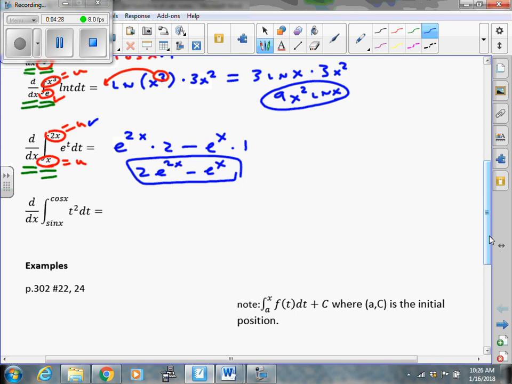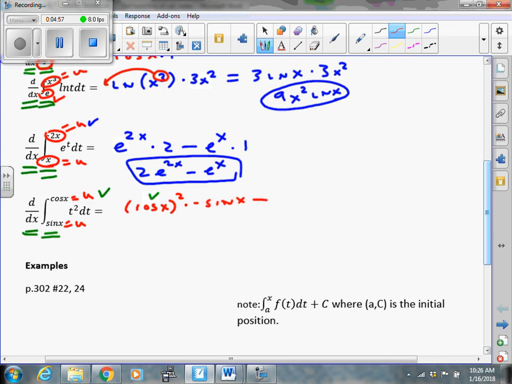One more example. Again, notice I have the derivative of an integral. The function should remain t squared, but both of these are u values. So plug in the top. I plugged in the u at the top. Now don't forget the u tick. The derivative of cosine of the u is negative sine x, minus.